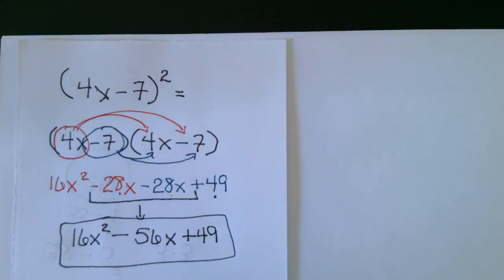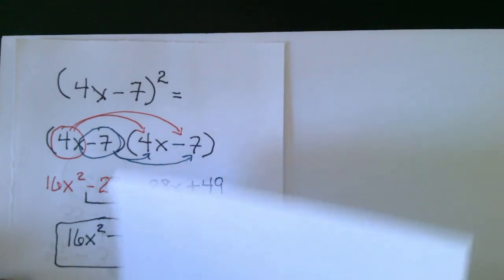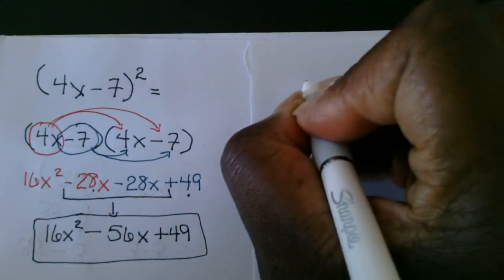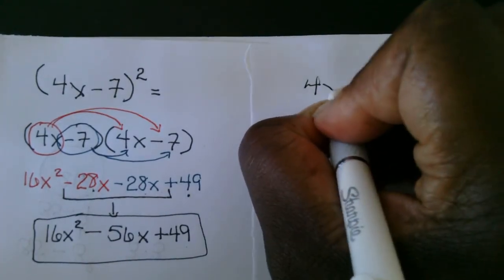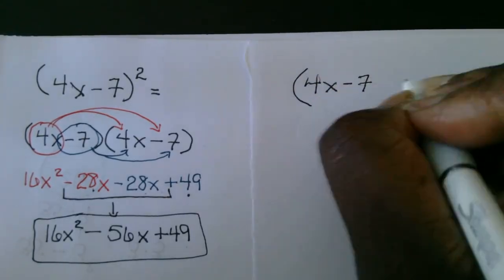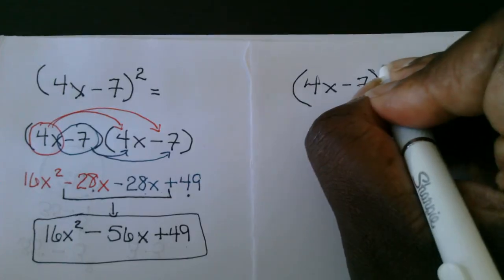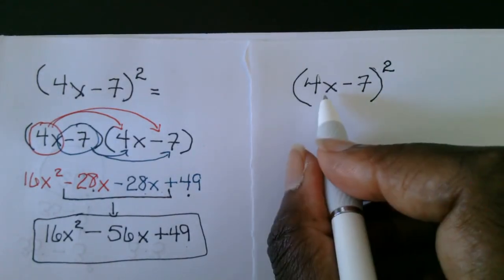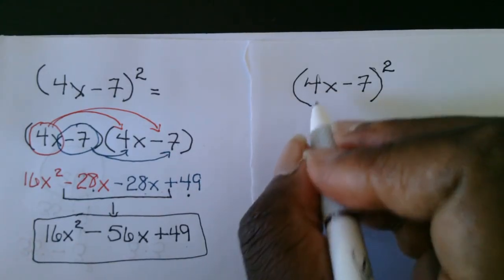Alright? Okay. So if you want to go shortcut with the same problem, what we can do is we can take the square of this first term.